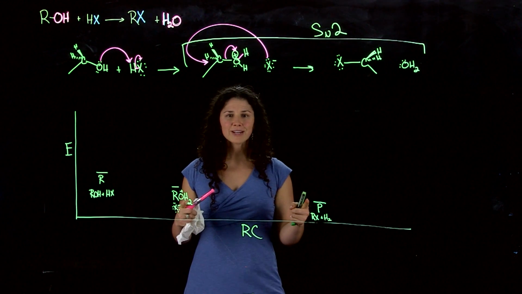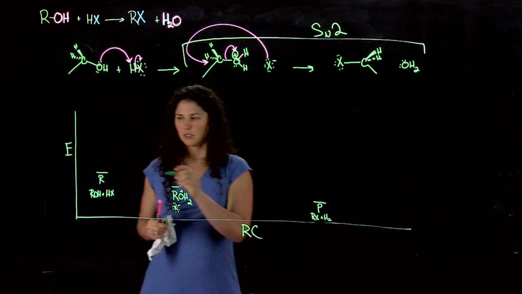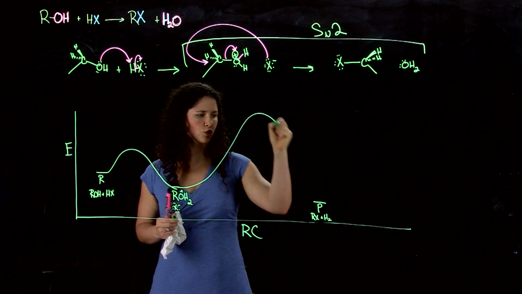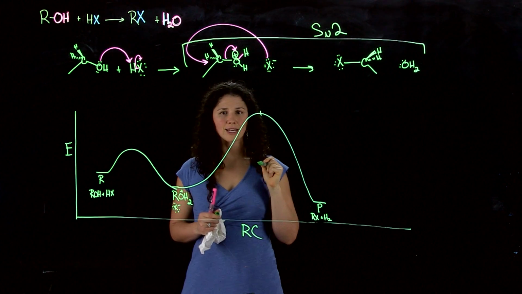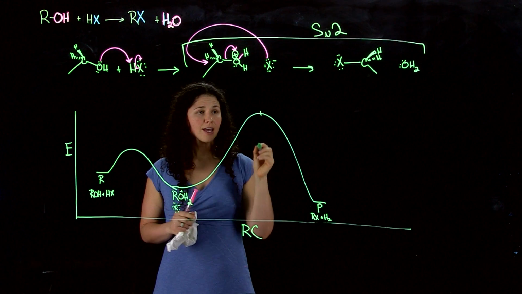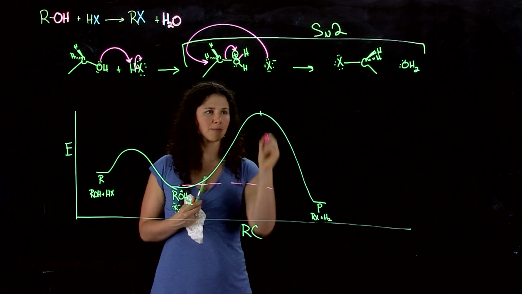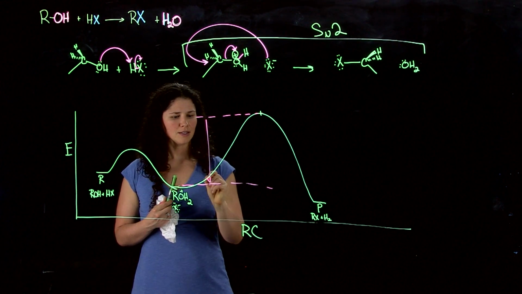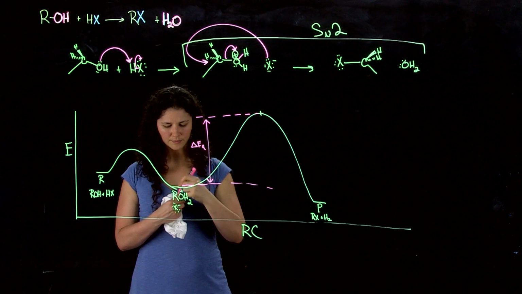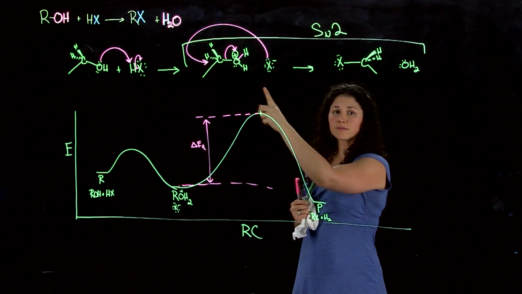But this concerted reaction is associated with a very high activation energy. So when I connect these, I'm going to make sure to show that this transition state is very high energy relative to anything else. And that's because I know from experiment that this is my rate limiting step. Now in the rate limiting step, I have two things reacting.